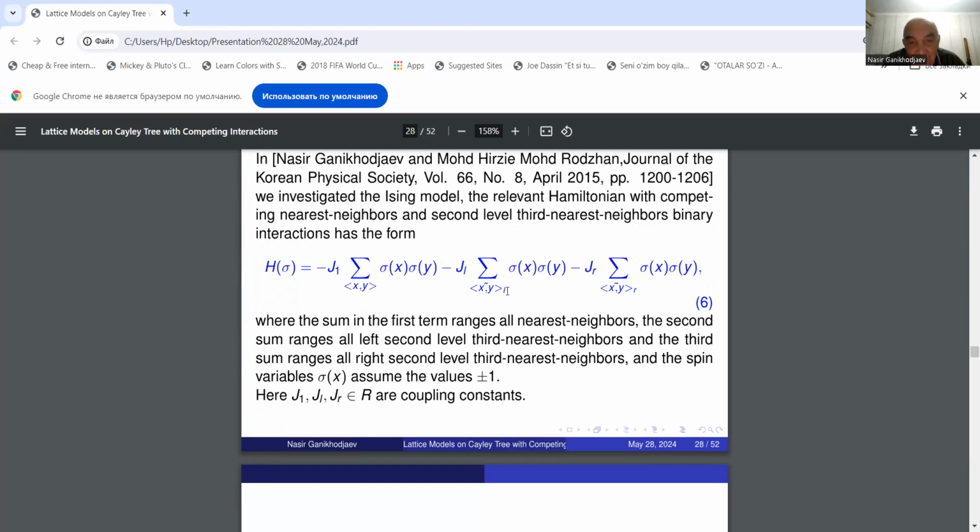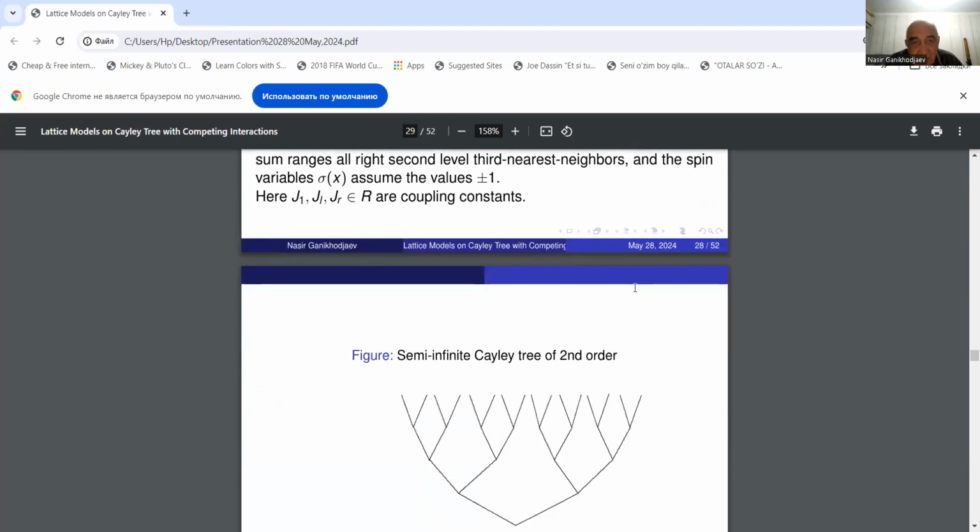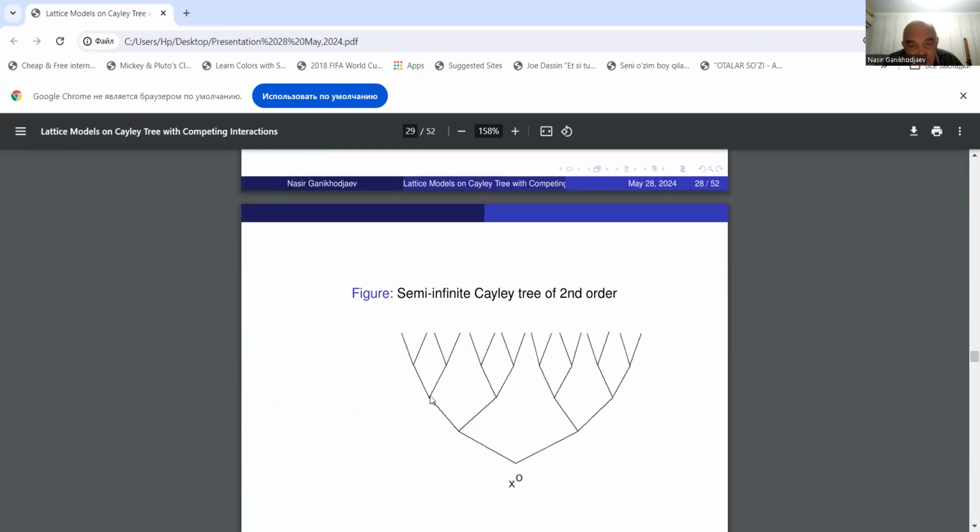One of them I denote as L, one of them R, because, for example, in this model for third neighbors, these are two vertices, this is left because the vertex from the left is lower than the vertex from the right.